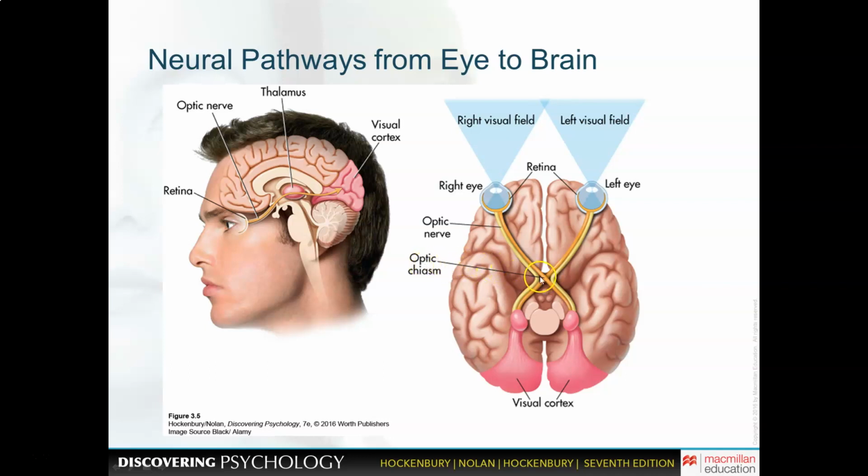That is how you pronounce it, the optic chiasm. So that is where our neural pathways cross from our eyes, the left going into the right and the right crossing over into the left part of the brain, into the visual cortex. So that's how our neural pathways work when we are visualizing.